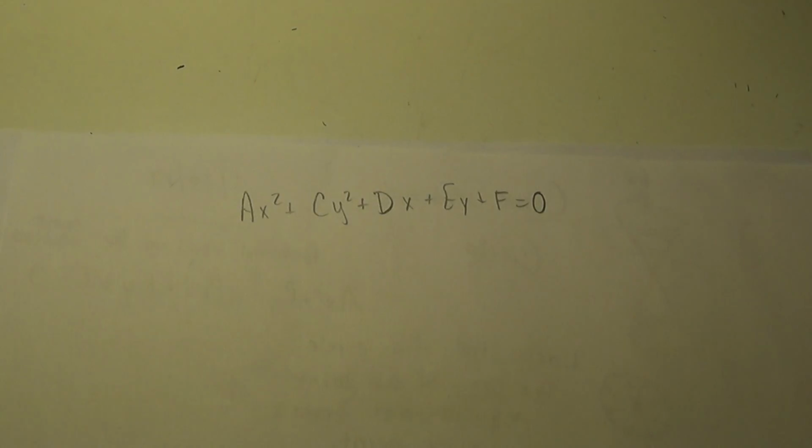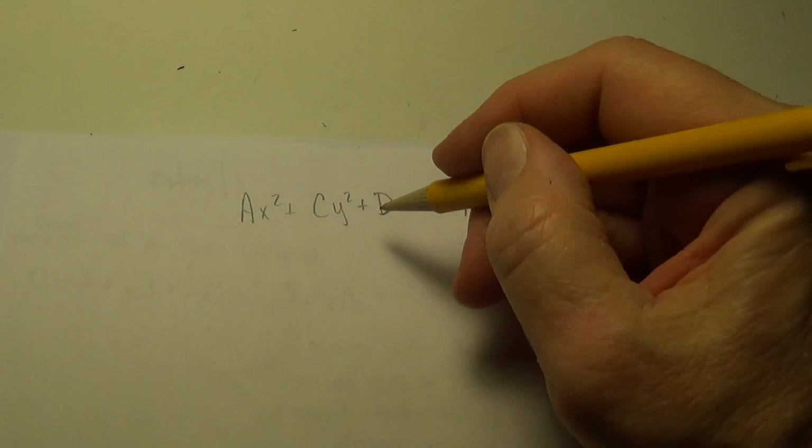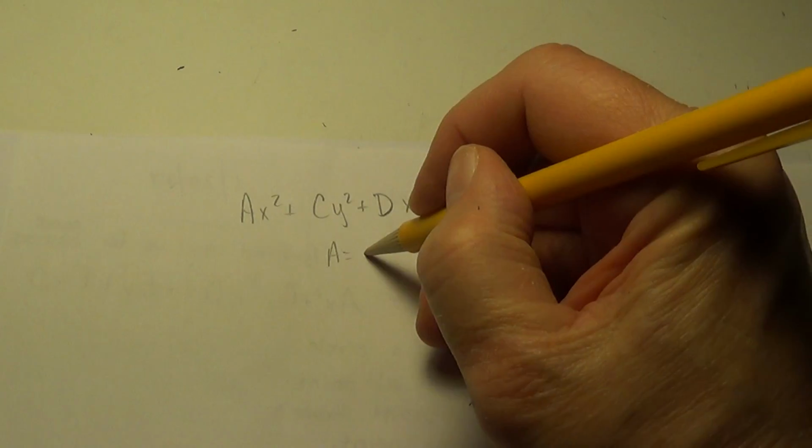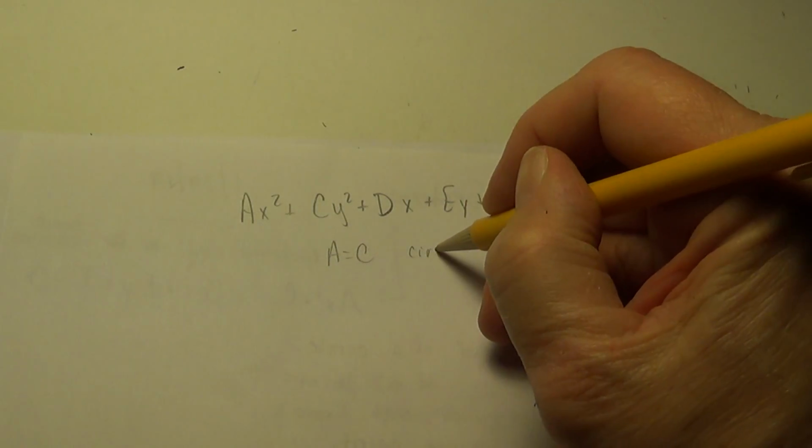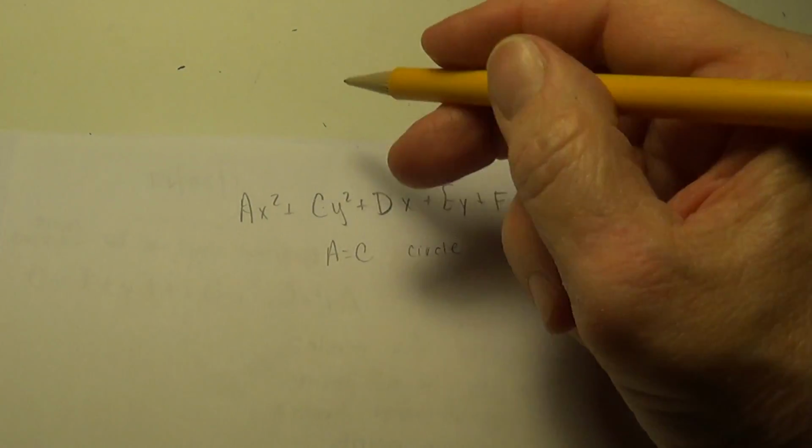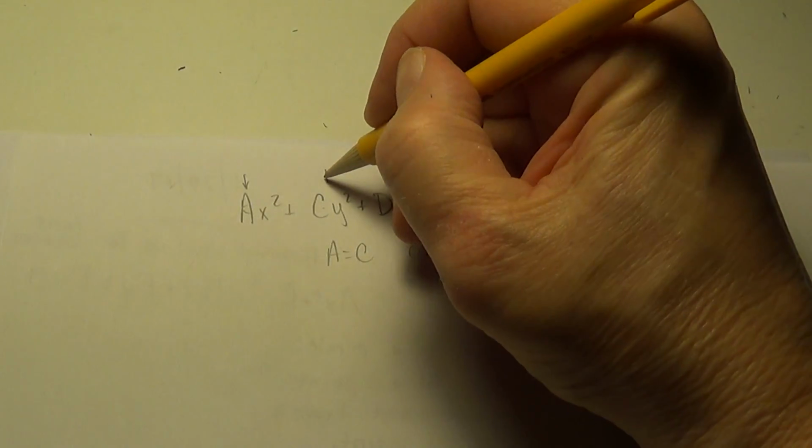Alright, I'm starting back with the general equation for any conic, and when A is the same as C, we have a circle. When this number and this number are the same, we have a circle.